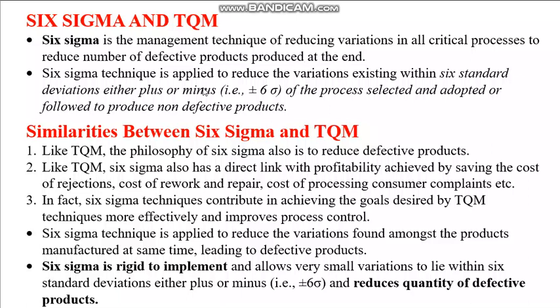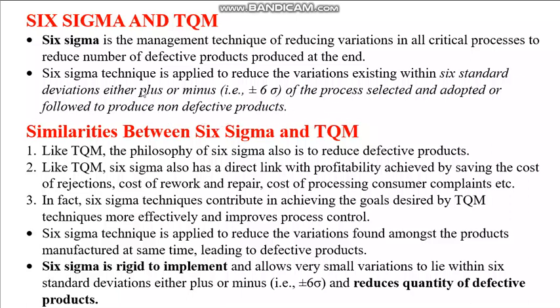So the Six Sigma technique is applied to reduce variations existing within 6 standard deviations, plus or minus, of the process selected and adopted or followed to produce non-defective products. So this is one definition.